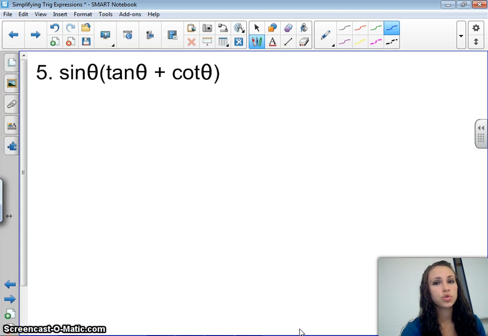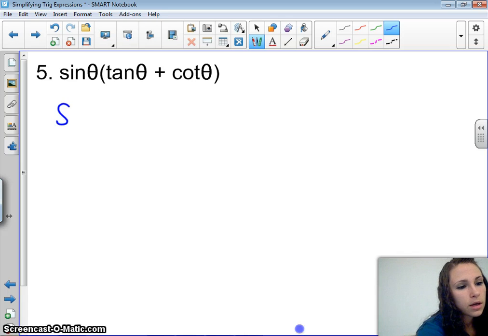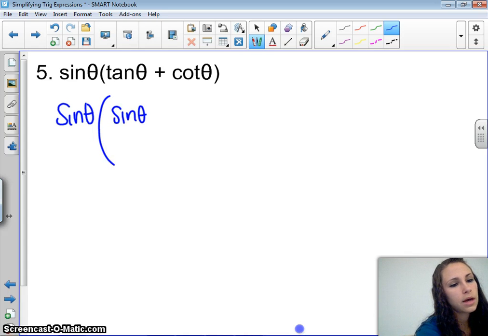I'm just going to show you the shorter one. So if you were to stop the video and do this different than me, but you end up with the same answer, there are more than one way to do the problem. So I'm going to go ahead and say sine, and tangent I'm going to turn into sine over cosine, plus this is just going to be cosine over sine.